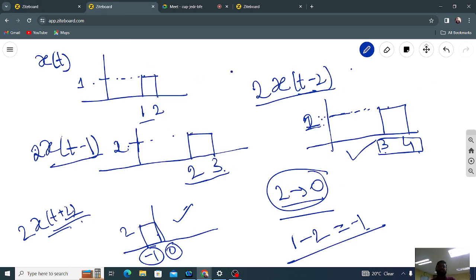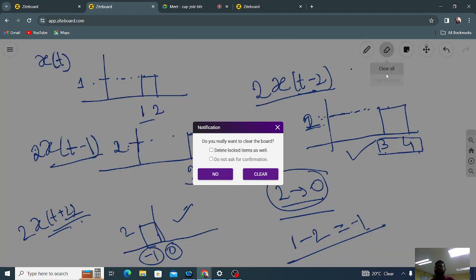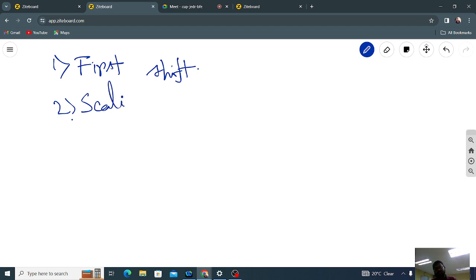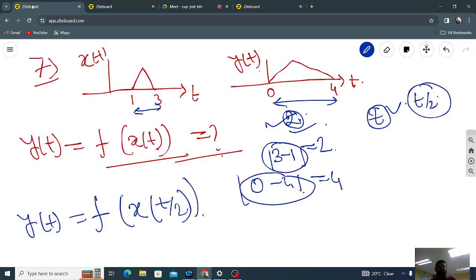So just draw this signal. We follow the following rule. First shift and then scaling. So see, the signal x of t is 1 to 3 and this is from 0 to 4.